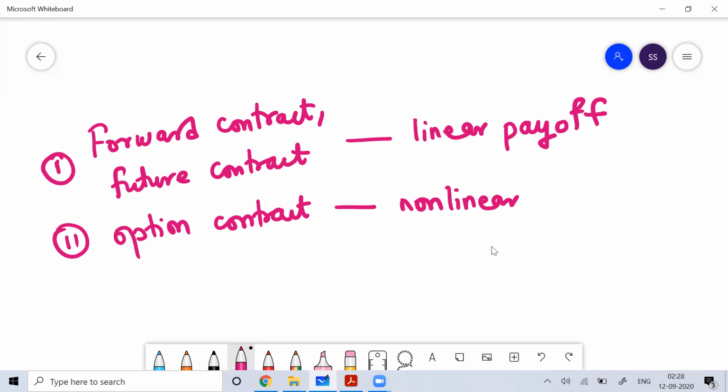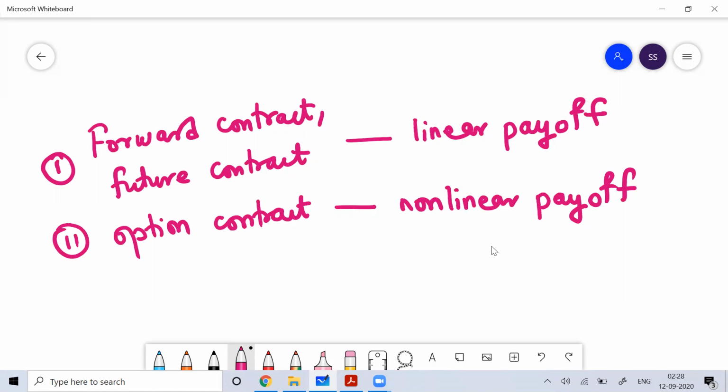In the case of forward and future contract, you have a linear payoff, but in the case of option contract, you have a non-linear payoff. You need to understand this part.